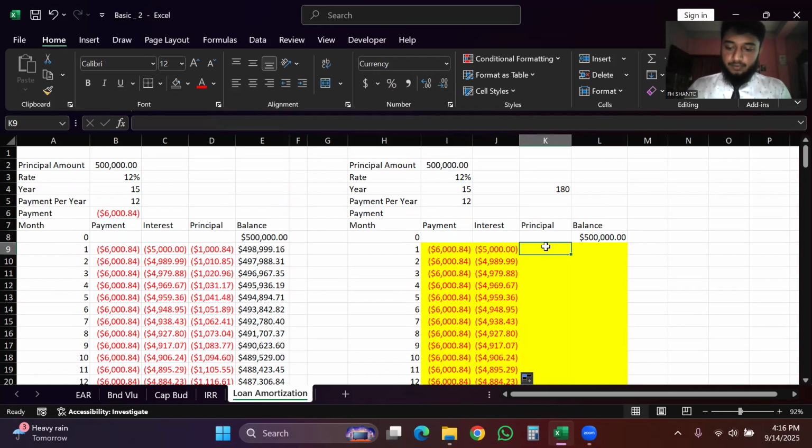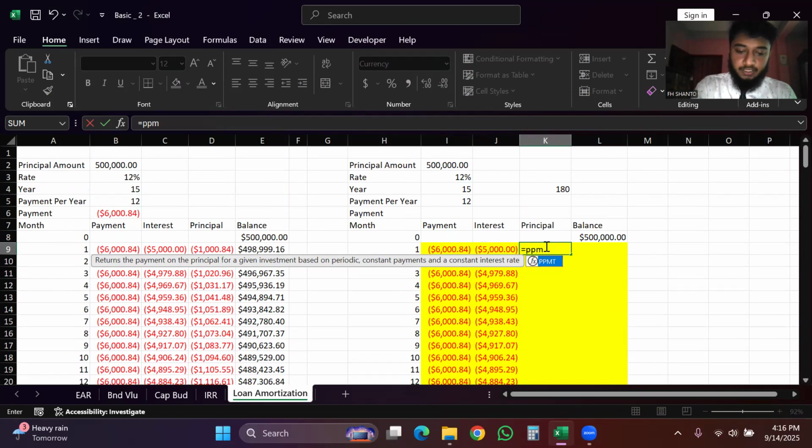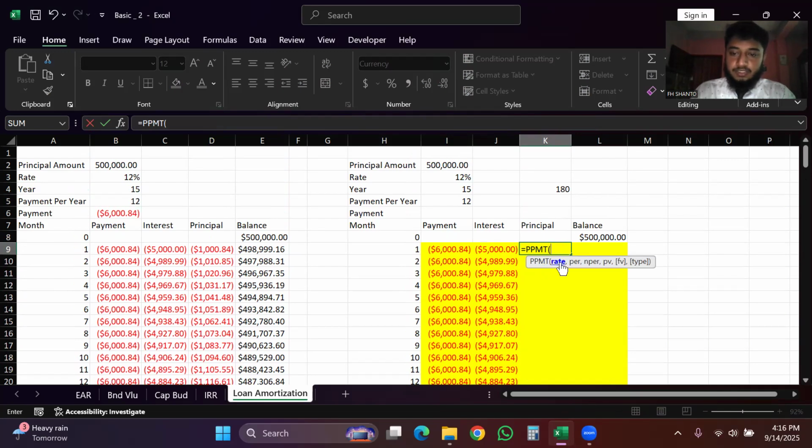For the principal, we can calculate here by equal to PPMT. Here is the formula. In this process, the cell says we need the rate. Here is the rate. Freeze it, then divide, also freeze. We don't need to freeze per. Here is the nper.